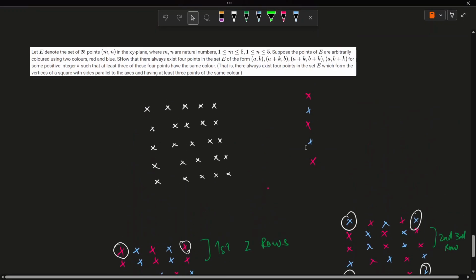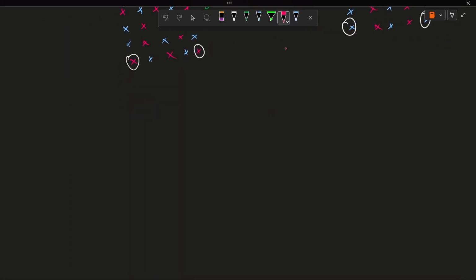Now the case that is left is the alternate coloring, where no two reds are consecutive. This is the configuration in the first row. Proceeding by the same procedure, because this is red, suppose this is the second row, and this the third row. This has to be blue, because otherwise this and this will form 3 points of the same color. Similarly we can generate this and this.